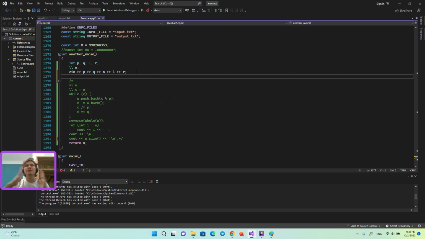So first of all, for each length, we want to find this number. So first of all, we need to find the minimum number of each length. Let's try to do it.